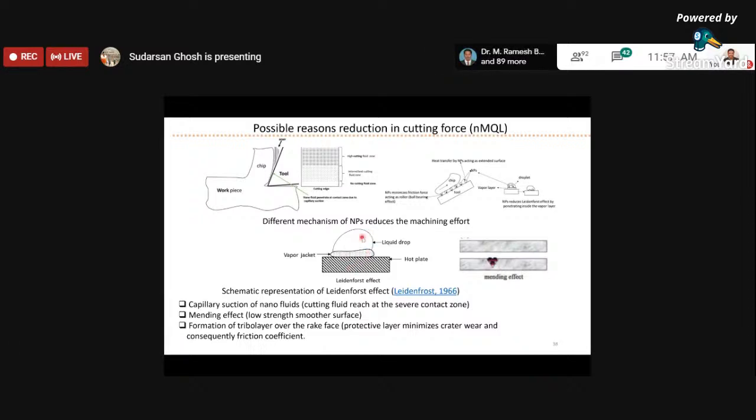Now, when we are using nanoparticles along with the liquid, what happens then? The nanoparticles are effective in piercing this vapor jacket. So the vapor jacket, or this bubble which is produced of this vapor, is getting pierced by the sharp nanoparticles, and consequently the contact between the liquid droplet and the hot plate is re-established, and this entire phenomenon we call the Leidenfrost effect.